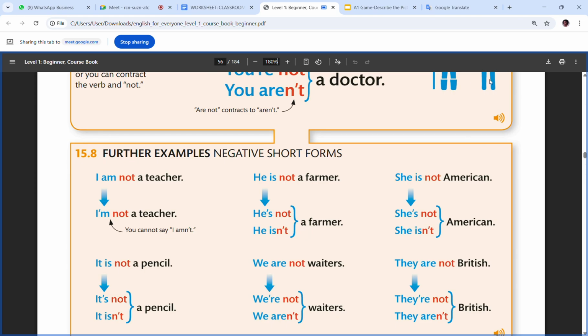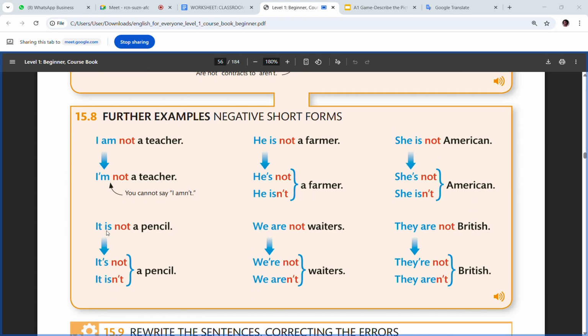And then let's look at she is not American. She's not. She isn't American, right? It is not a pencil. It's not a pencil. It isn't a pencil. We are not waiters, right?